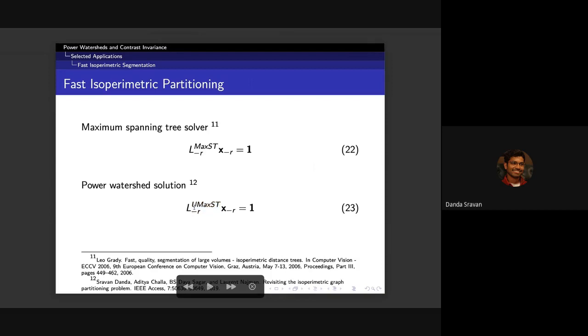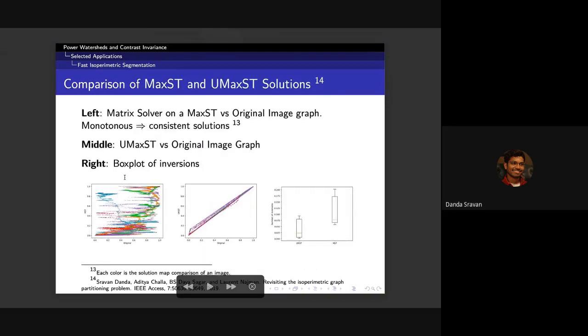Upon further investigating the difference between our exact power watershed solution and this approximate one, we looked at the solutions, and it turned out that our solutions are much more robust compared to the solution suggested by the paper that uses an arbitrary maximum spanning tree. As you see on the left side, in this plot each color corresponds to a particular image.